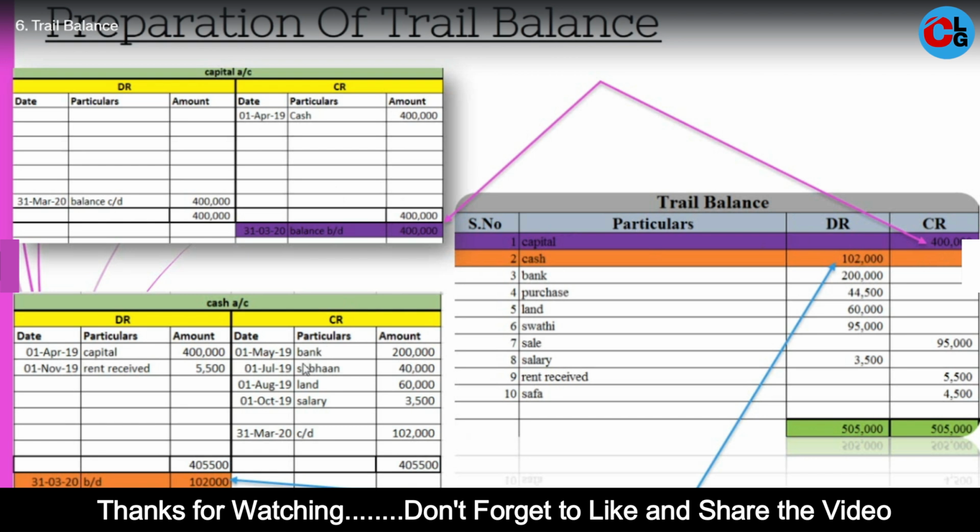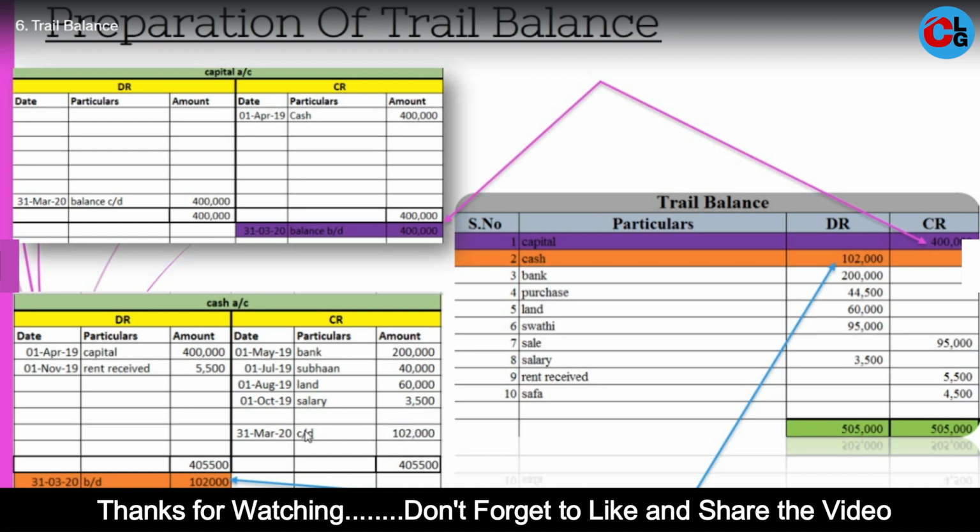Alright, if you look at this cash account, here first we have to balance. The total is 405,500. Right, first we have to enter the total amount. You can see here 405,000, and this side is lesser than that, so we have to put 405,500 here also. Then the balance amount we have to enter here.